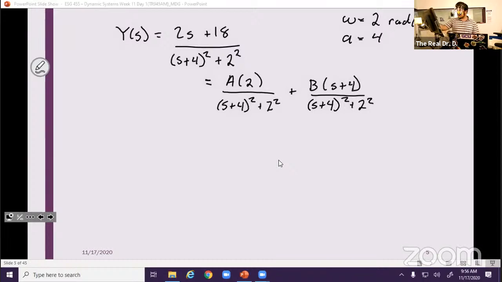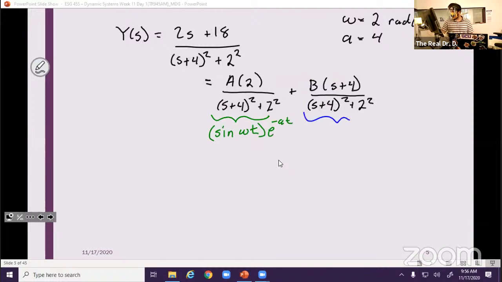Remember, so where did you pull those from, Dr. D? Where did you pull those from? Now remember on the previous page, I wrote down what sine omega t times e to the negative at was in the Laplace transform. That's this first part. This is sine omega t e to the negative at.